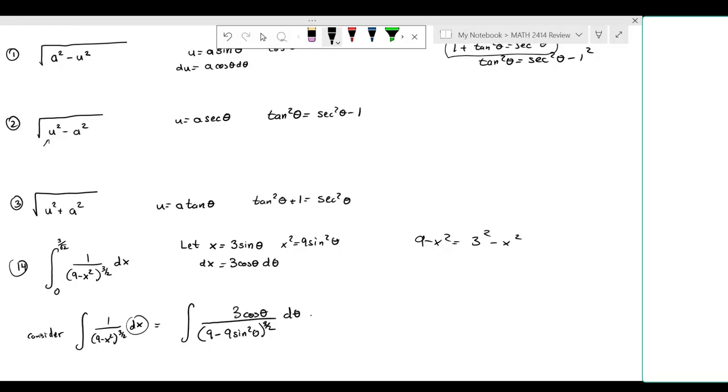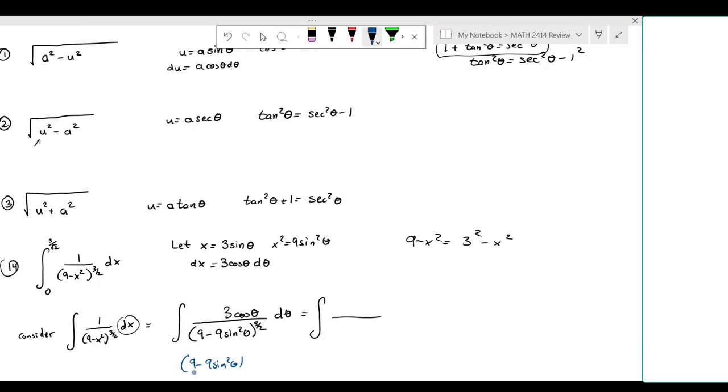And then hopefully this simplifies. By design, what does the numerator look like? We should have the same constant, 9, so we can factor that out. And then we're left with 1 minus sine squared.